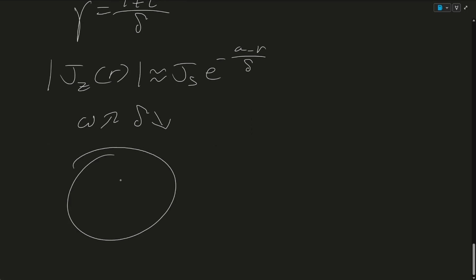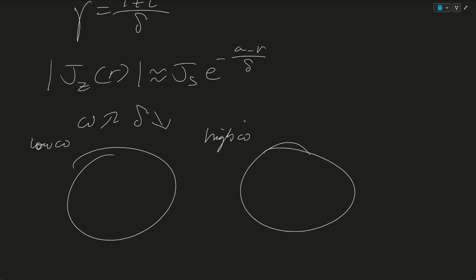If you think of a wire, if we have low angular frequency, low omega, and then high omega, you have something like this where it gets more and more spread out, there's a bigger delta.